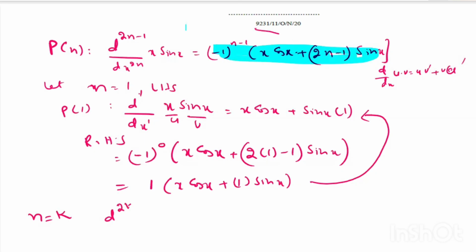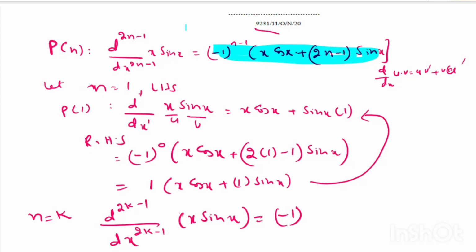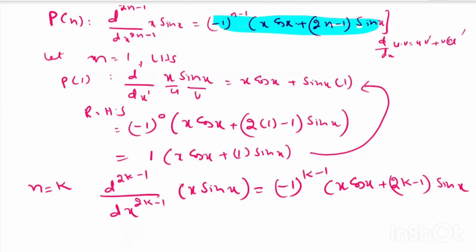Here d^(2k-1)/dx^(2k-1) of x sine x. Similarly, we put n equal to k in the above equation: (-1)^(k-1) x cos x plus (2k-1) sine x. This is our second condition.